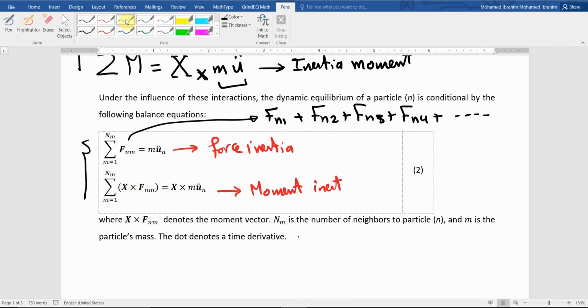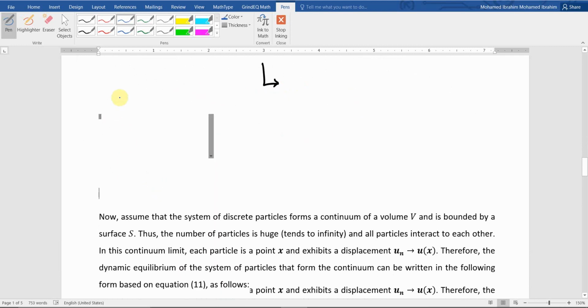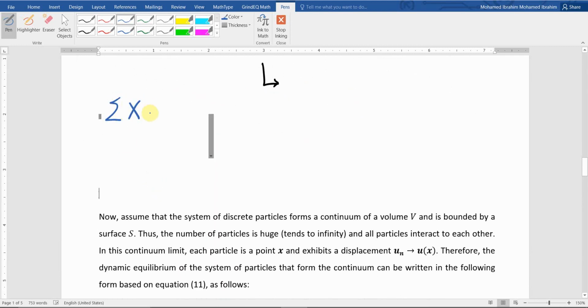How about if we decided to write these 3 equations in the vector and component form? These equations are the sum of x, which is just a position vector, cross the force vector. This is the moment. It should equal x cross the mass times u double dot vector, right? So let us do the cross product. This is going to give us xi delta i cross fj delta j.